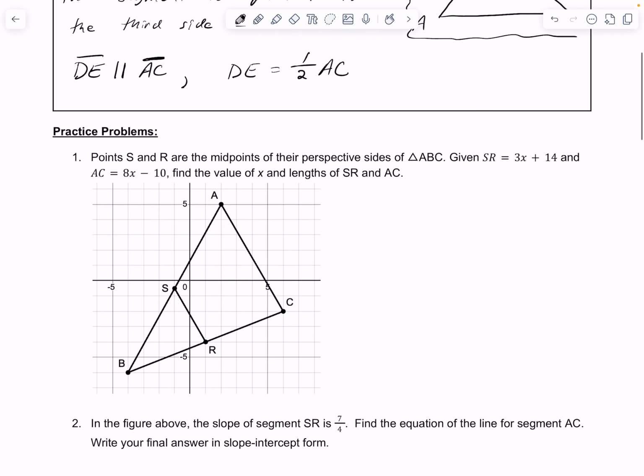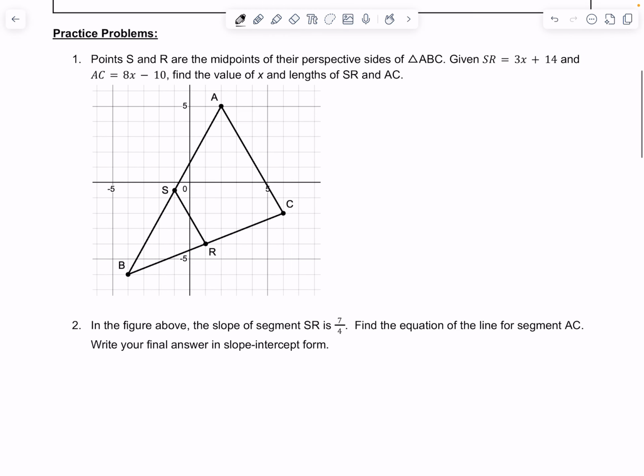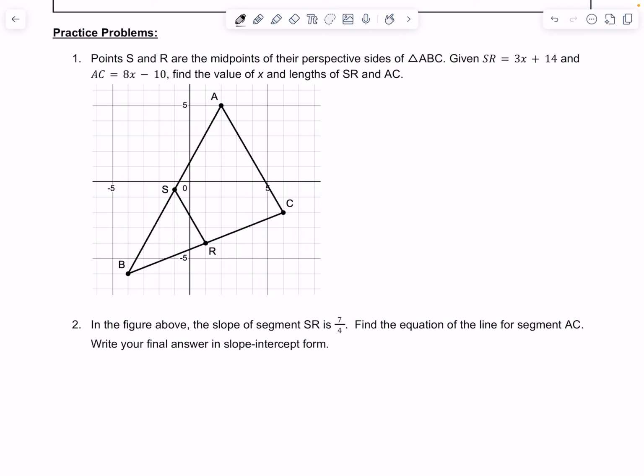Okay, so both of them are going to be looking at this figure, and we have triangle ABC again, but this time points S and R are the midpoints of their respective sides. It's telling us that SR, the distance of that segment, is 3x plus 14, and AC is 8x minus 10.